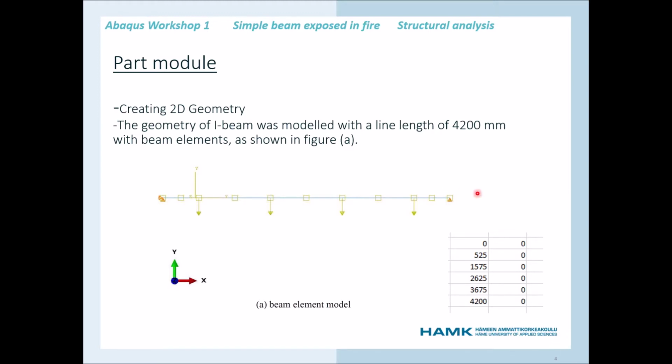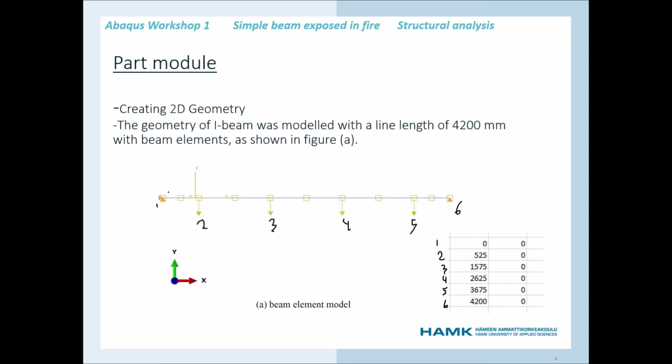The beam is modeled with a line of length 4200 millimeter with beam element. Here are the coordinates of the points: first point, second point, third point, fourth point, fifth point, and sixth point.